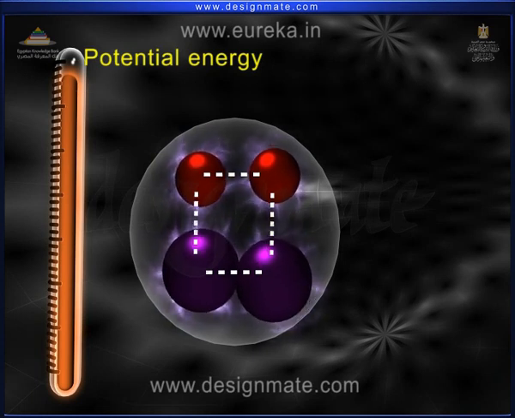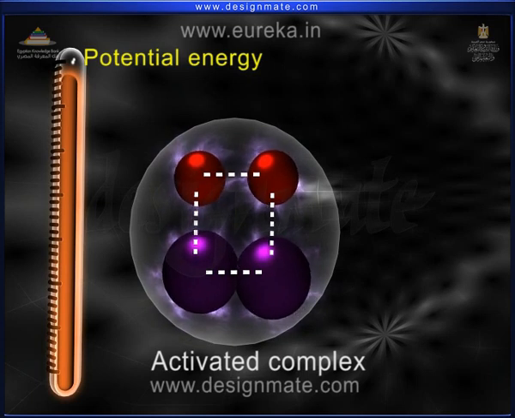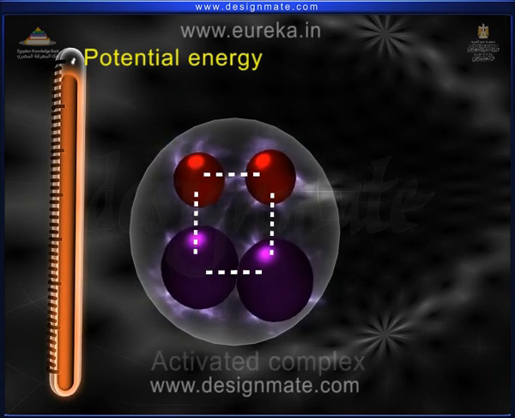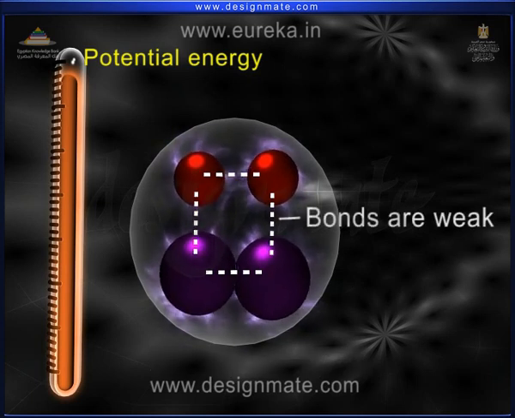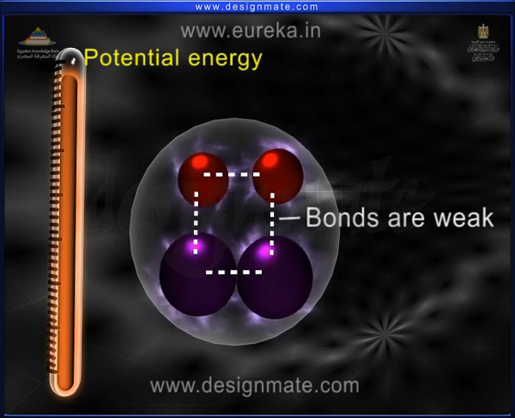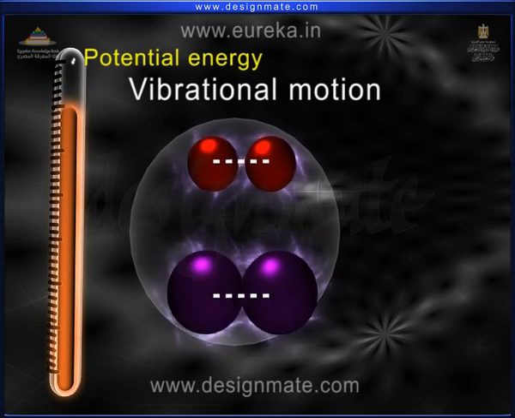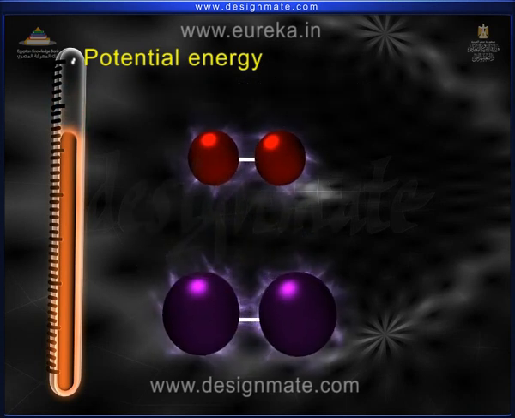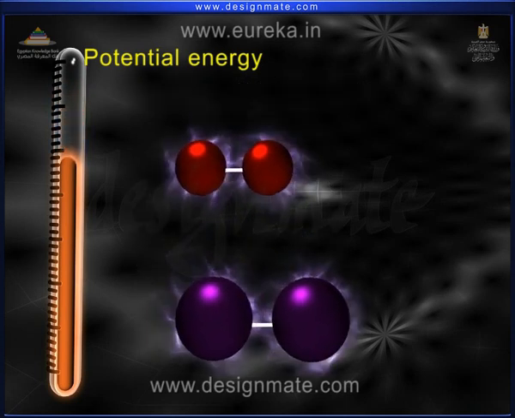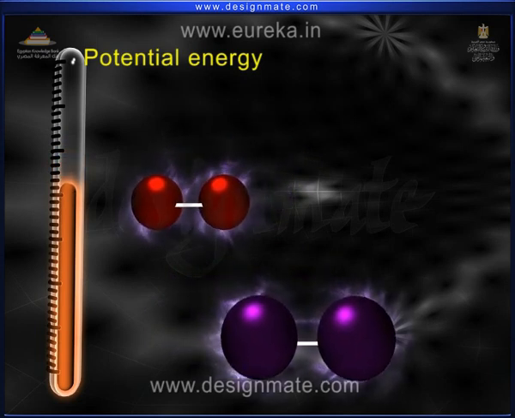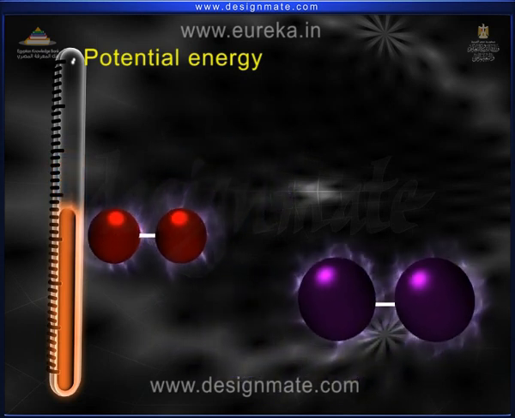This molecule is known as an activated complex. The bonds in activated complex molecules are very weak, and they readily break due to the vibrational motion of the molecule giving the product. As molecules are formed as a result of breaking, the activated complex goes apart.